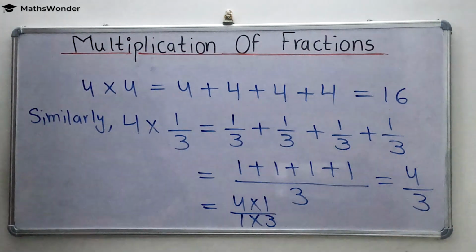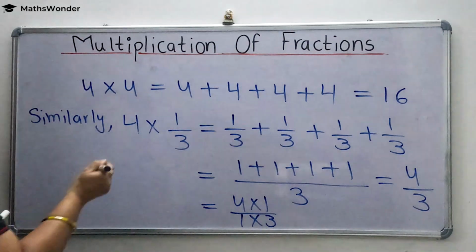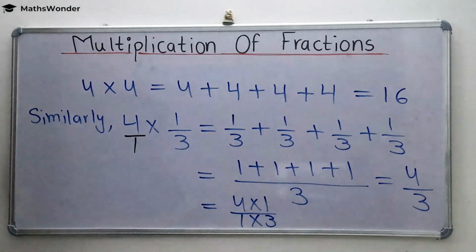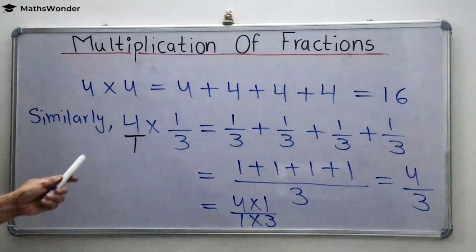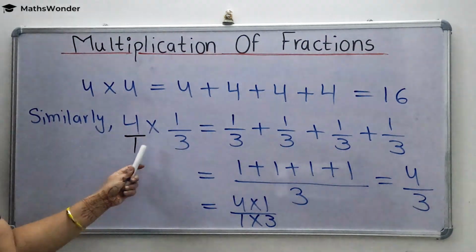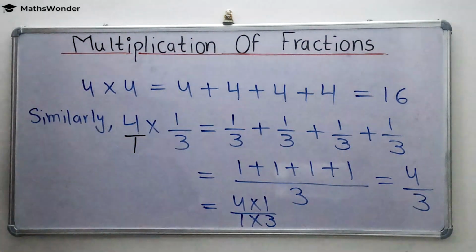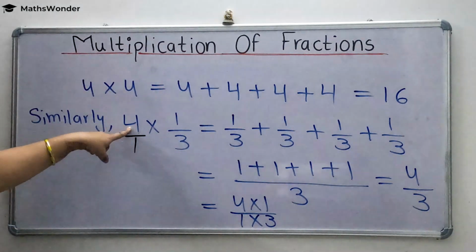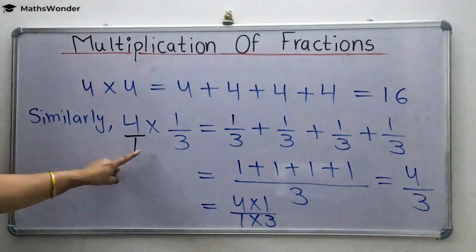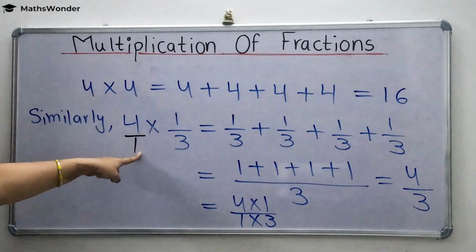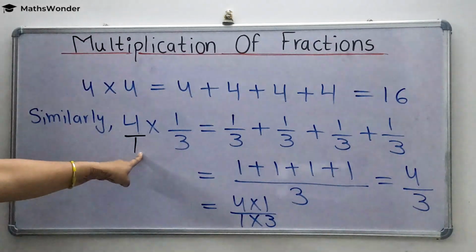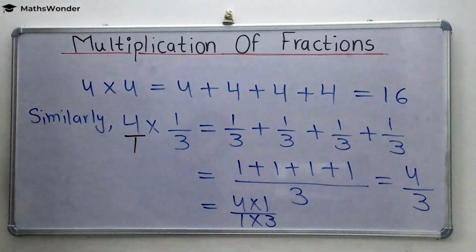Always remember 4 is single, that means it's 4 over 1. So 4 times 1 is 4, 1 times 3 is 3. Got it? Right? Now we can write some steps so you will understand how this comes.